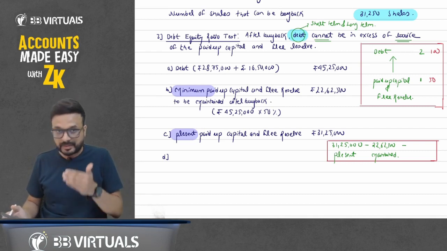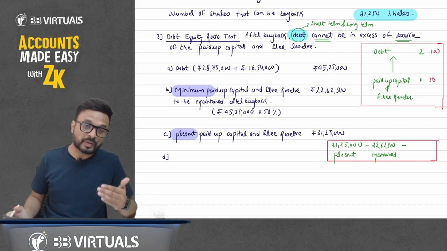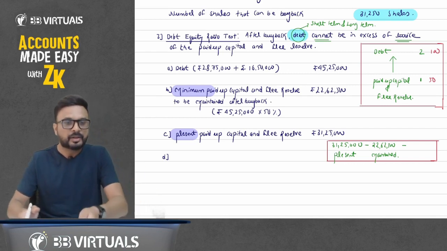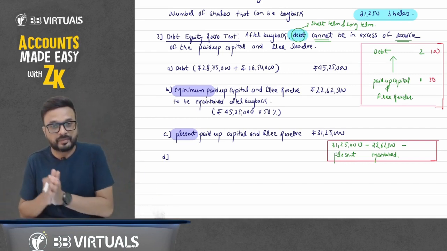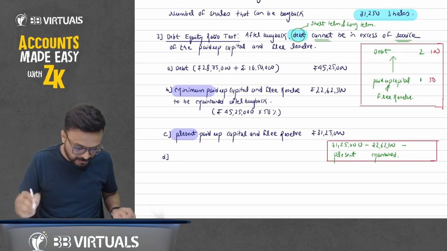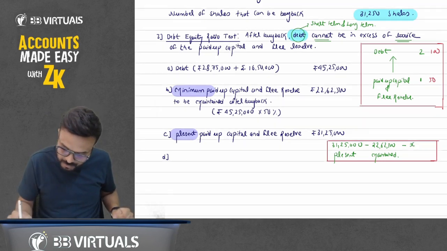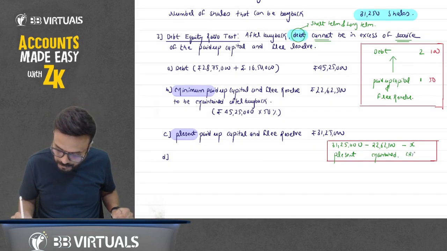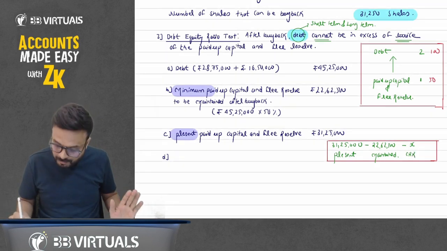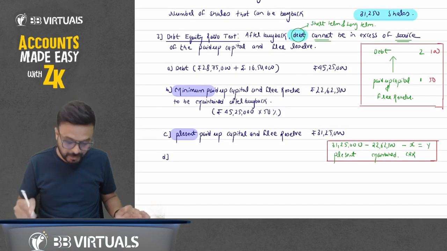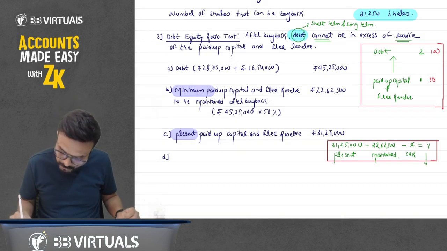Out of this, we have to transfer some amount to CRR. We don't know how much, so let's call it X. This much amount we transfer to the CRR account, and whatever balance is left, let me call it Y. This much amount we can utilize for the purpose of buyback.